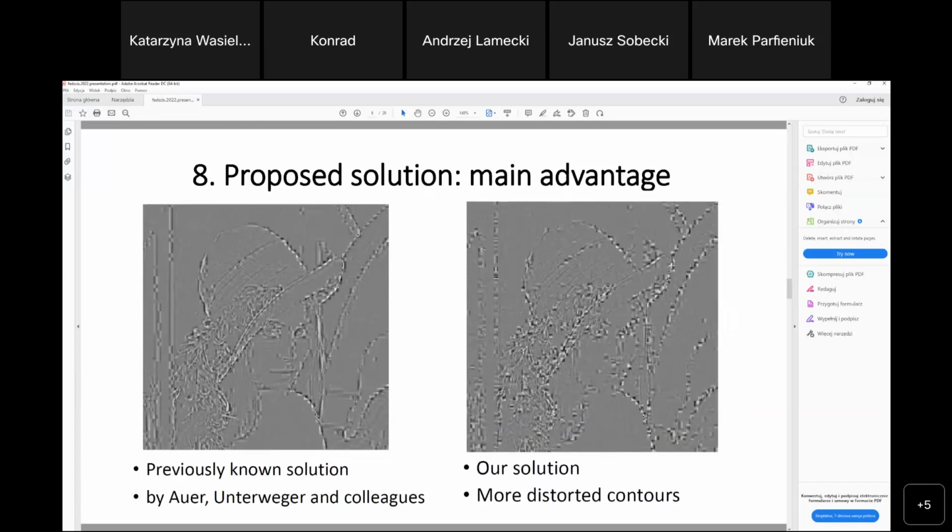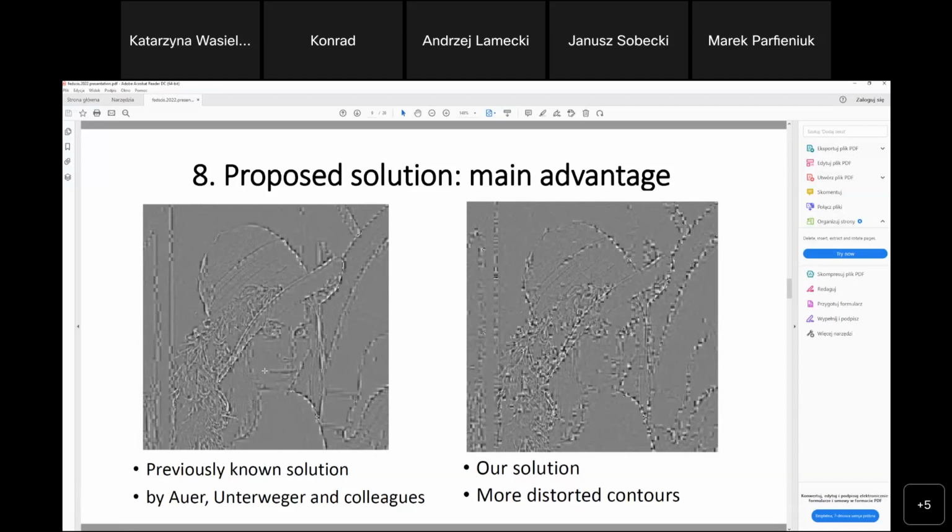My solution, my algorithm, somewhat improves in this respect. On the left-hand side, we can see the same decoded image, somewhat enlarged.